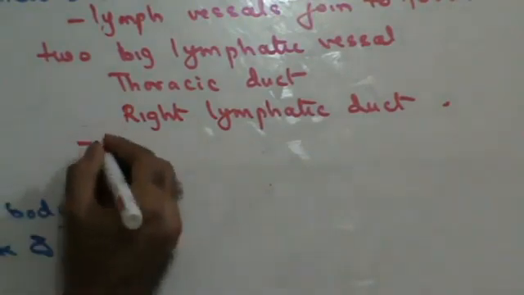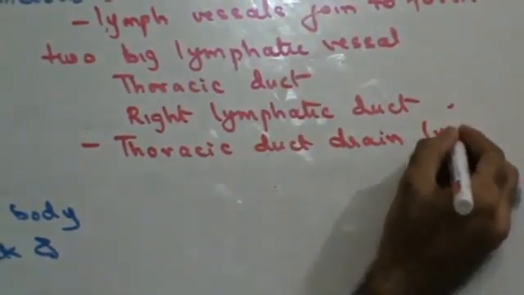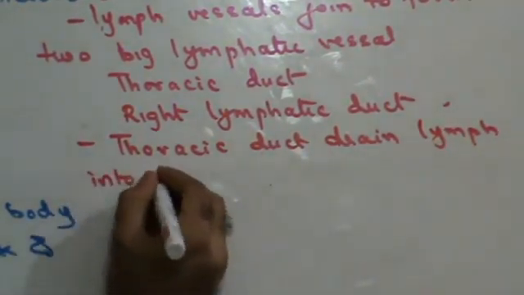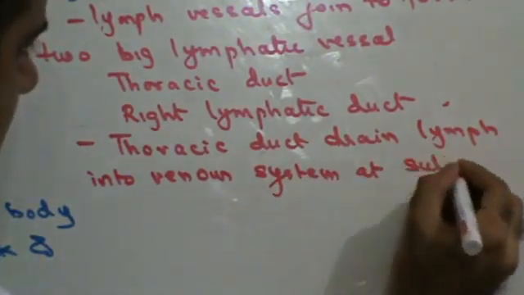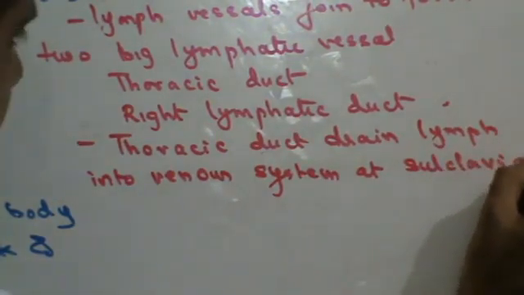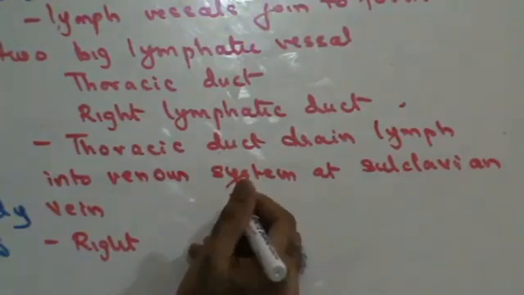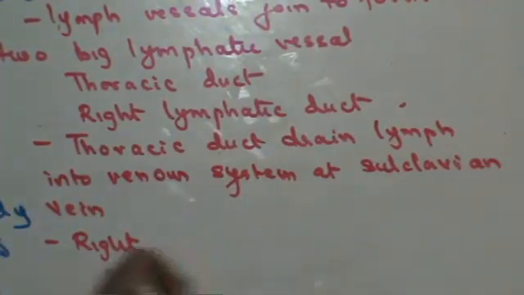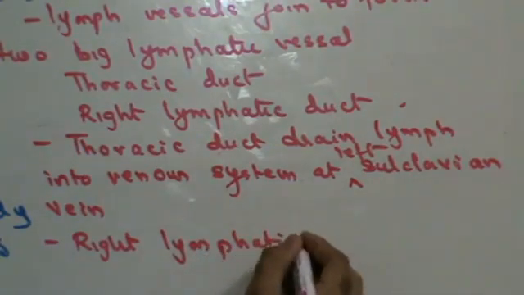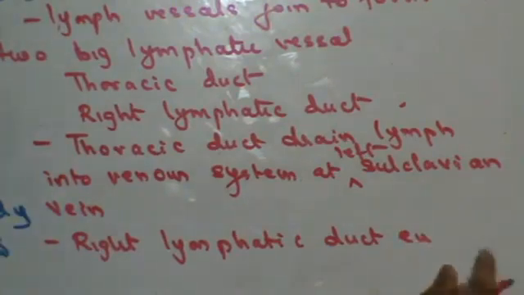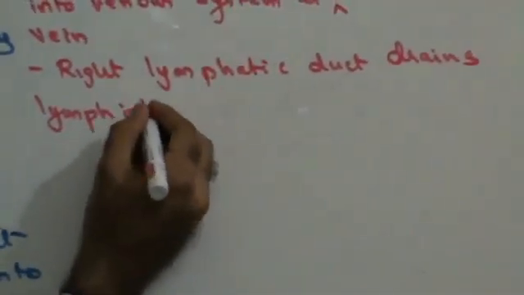So I can say that the thoracic duct drains lymph into the venous system at the left subclavian vein, and the right lymphatic duct drains lymph into the venous system at the right subclavian vein.